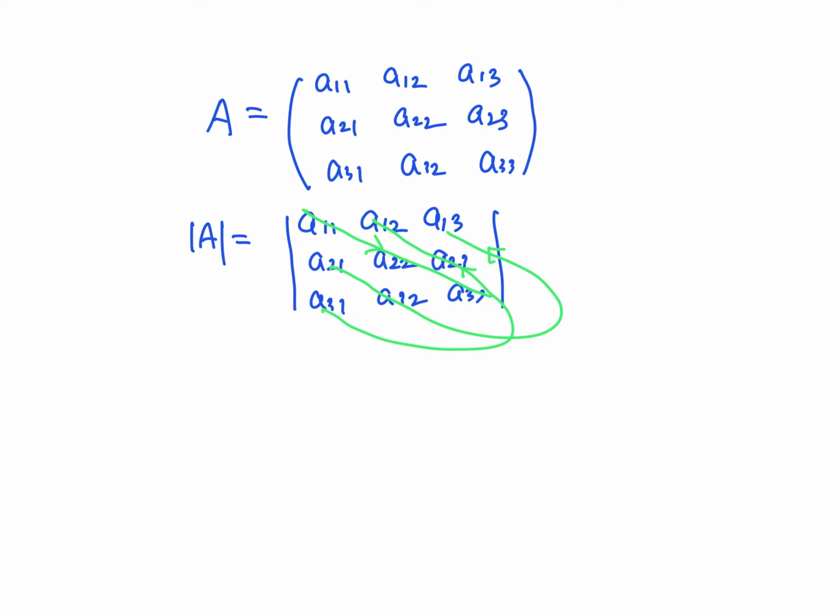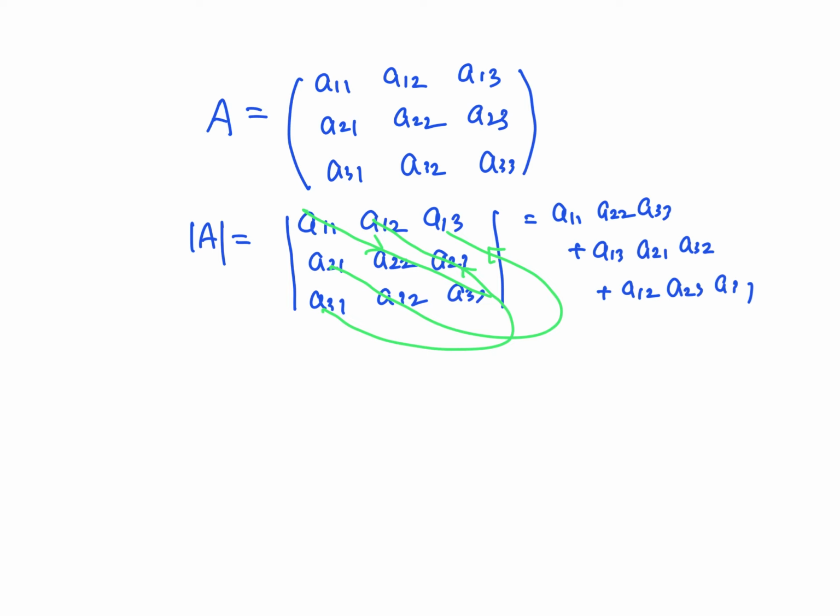The even permutation is A11, A22, A33 plus A13, A21, A32 plus A12, A23, A31.